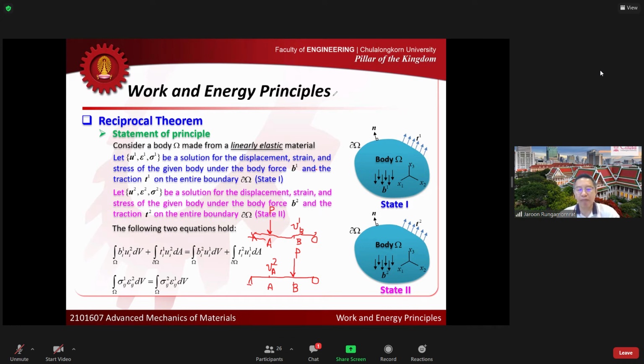Okay, the other application that you learned before, for example, you try to sketch the influence lines, right? The moving load, when you try to get the response of the structure under the moving load, you can apply this principle as well. It will make the problem simpler in some sense. Okay.